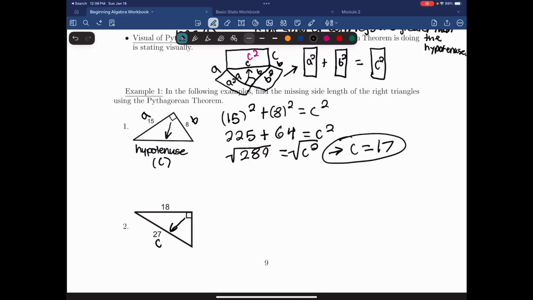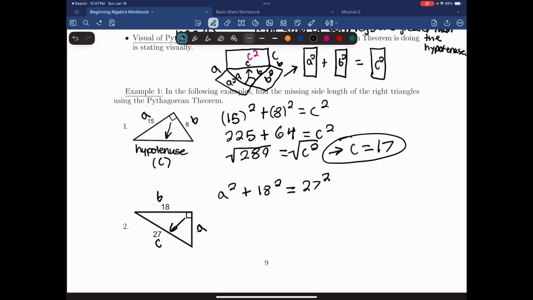And then 18 can be either variable A or variable B. Let's say that this is side length B. And then we want to know the side length A. So to set this up, well, we have A squared. We don't know A, that's what we want to find out, so I'm just going to simply write A squared. For B, we have a value assigned, which is 18. So I'm going to add 18 squared equals c squared, which is 27 squared.